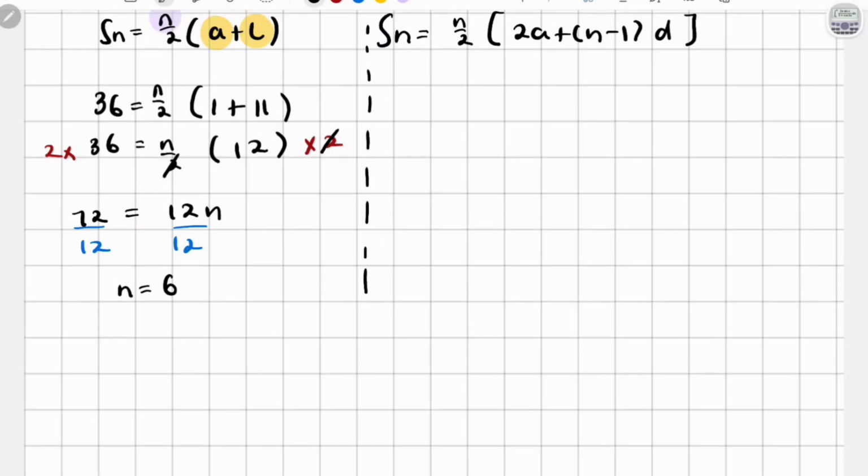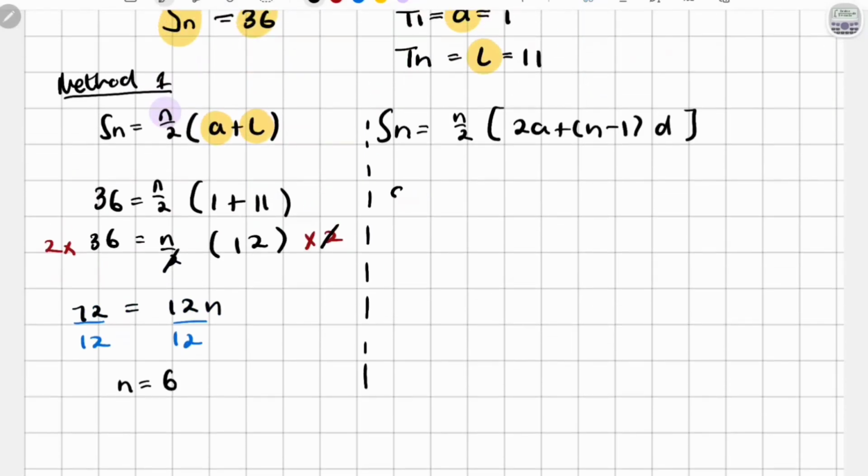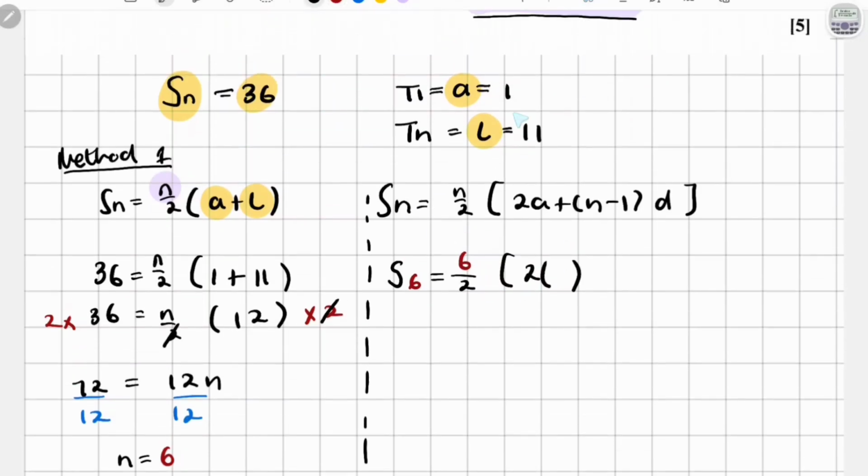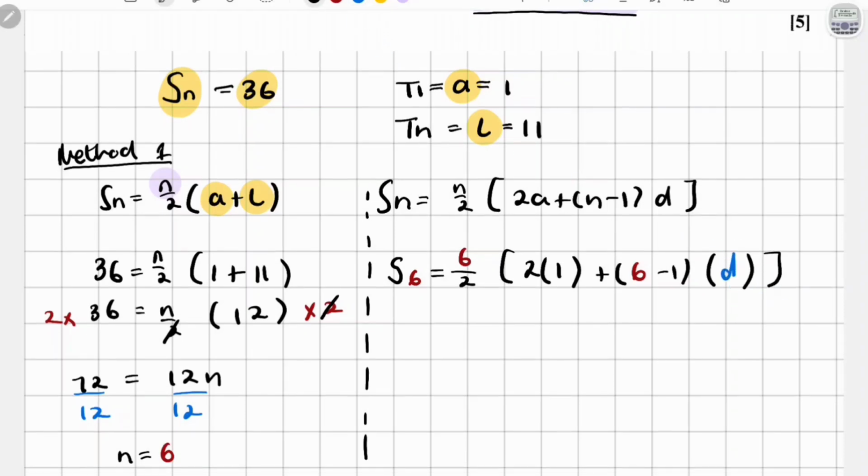So S of 6 is equal to 6 over 2, and then open brackets 2a, a is 1, plus n minus 1, which is 6 minus 1, multiplied by d, which we don't know, and we're just going to keep that open.